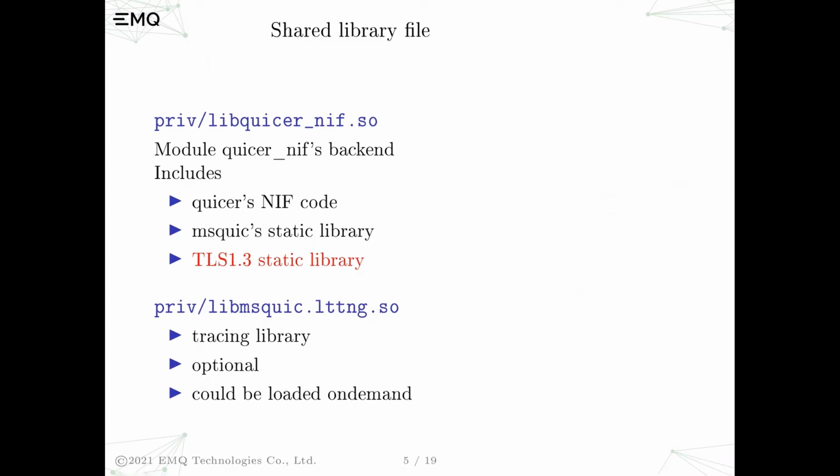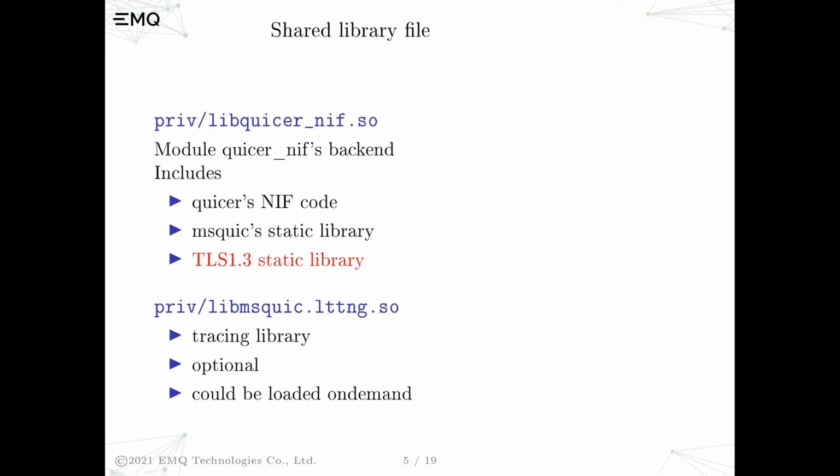So be aware that if you use the QUICer library, your OTP will have kind of two TLS libraries. One is dynamically linked by Beam. Another one is in this shared library. I hope they shouldn't affect each other.